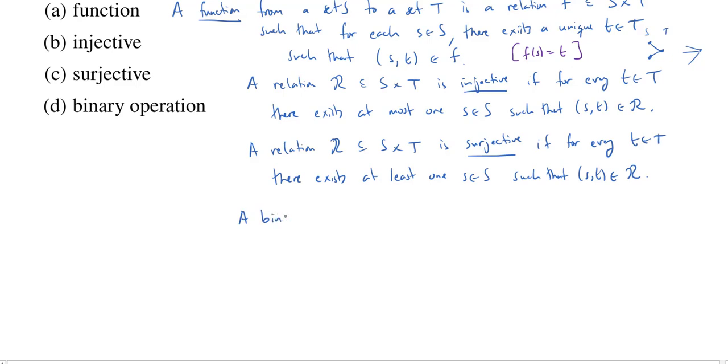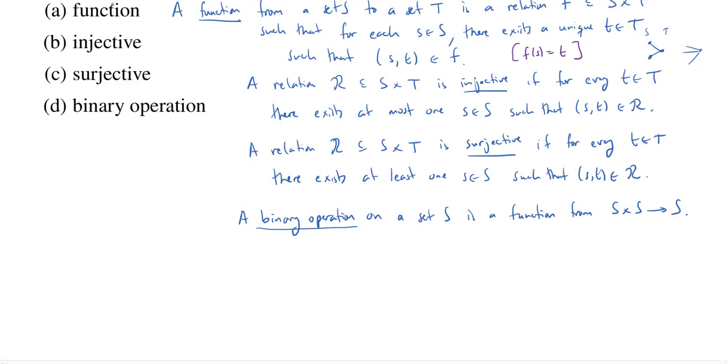So a binary operation on a set S, so we always just have a single set when we talk about a binary operation, is a function, we even know it's going to be a function, from the Cartesian product of S with S to S. And there's no extra condition on it, it just needs to be a function from this Cartesian product back to the set S itself.